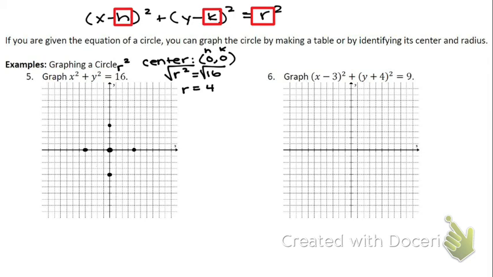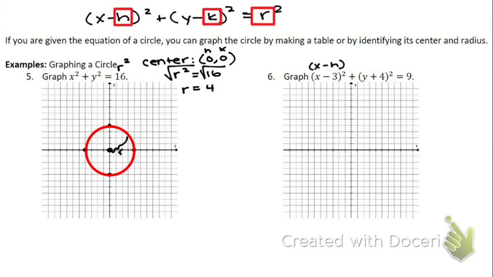And now I'm just going to do my best to create a circle that connects all of those coordinates together. There's my circle. Again, any distance from the center to that circle is my radius, and that's going to be 4 units.